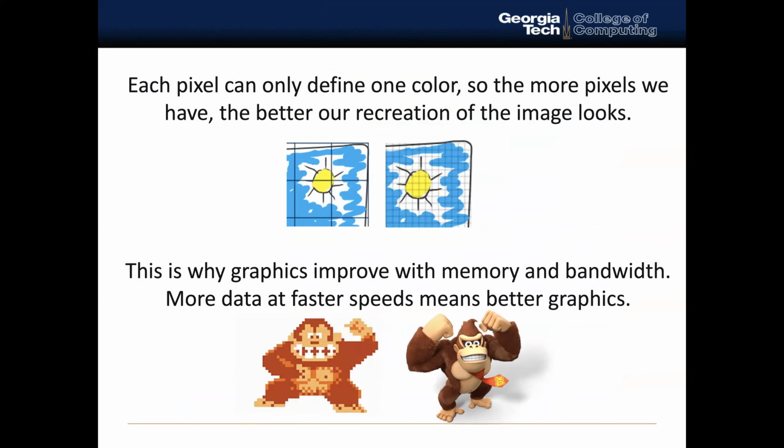So the more pixels you have, the better your recreation of the image will look. Here we have an example that shows how various pixels come together to create an image. With our image on the left, we can see the grid on the right that can be utilized. But this also goes into great detail about the importance of our computing systems and how important memory and bandwidth are in making graphics better.